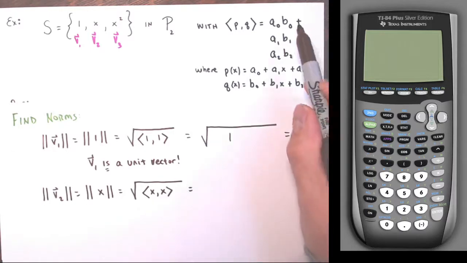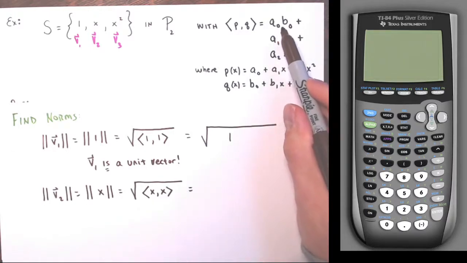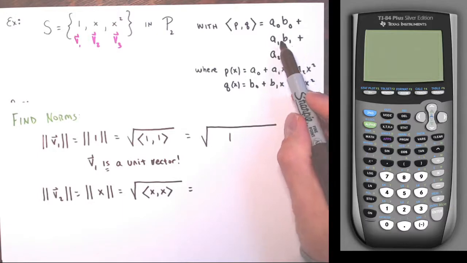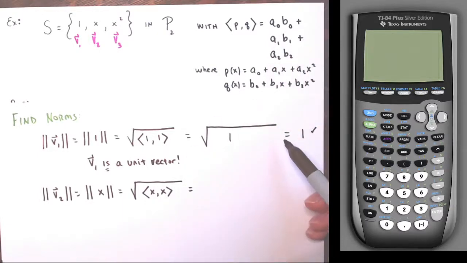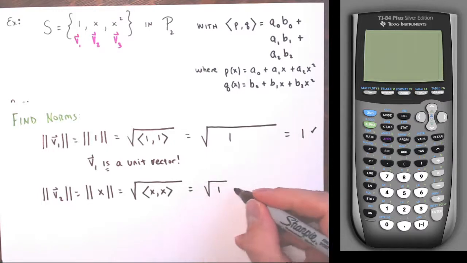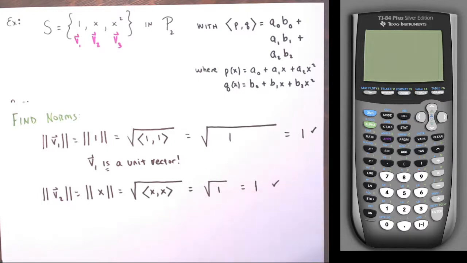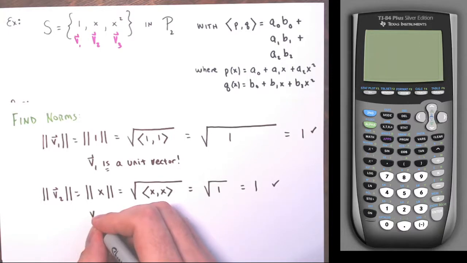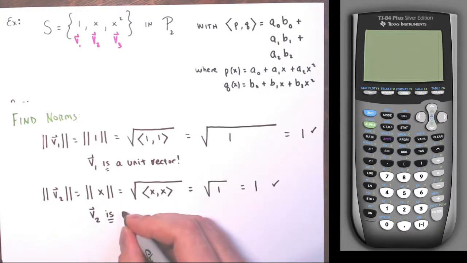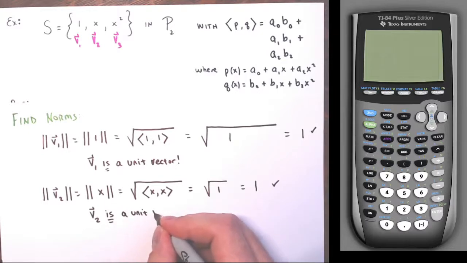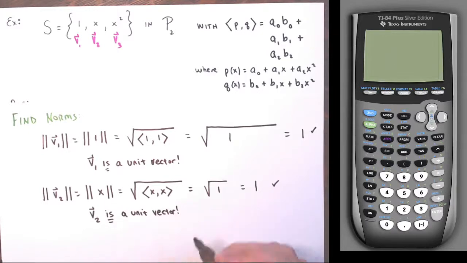And according to this definition, that would be 0 times 0 plus 1 times 1, they're both 1x, plus 0 times 0. So again, I have the square root of 1, or just 1 again. Hey, fantastic. This second vector, the polynomial x, is a unit vector. So, so far, so good.